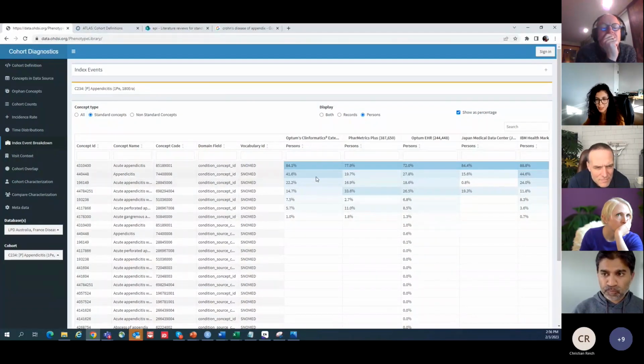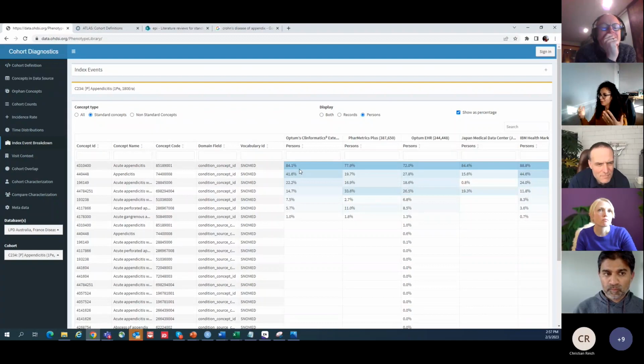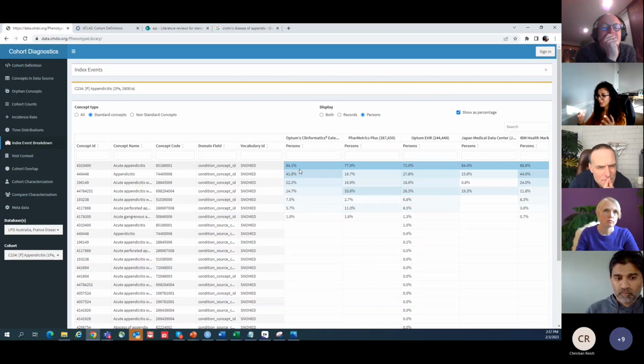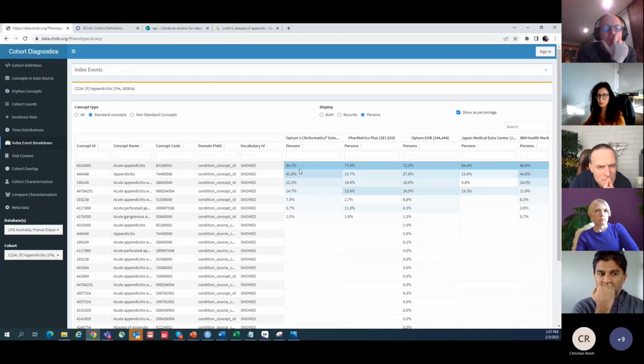Okay, so I see that the big hitter here, accounting for at least 70 to 80% of the people in the cohort, is acute appendicitis. That makes me feel good, because everybody's thinking of acute appendicitis as the big hitter, and that's consistent with the data. Acute appendicitis, which the clinical description gives as the main manifestation, does seem to be what is playing out in the data.